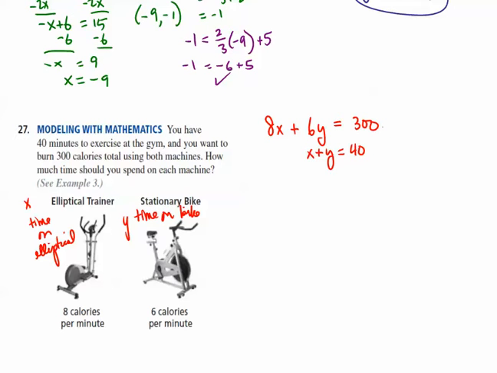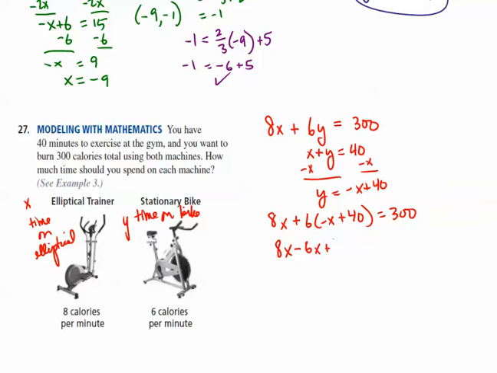So if I solve for y by subtracting x on both sides, I would get the equation y is equal to negative x plus 40. I plug that into my first equation, 6 times negative x plus 40, that has to equal 300. And I get 8x minus 6x plus 240 is equal to 300.